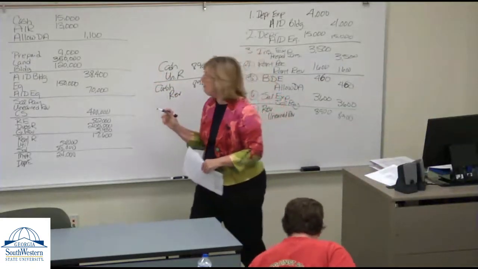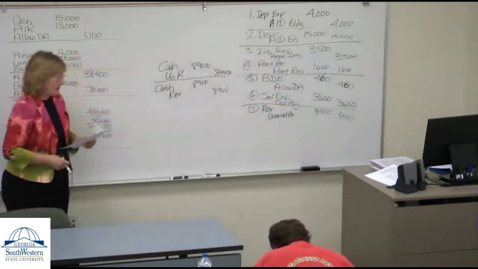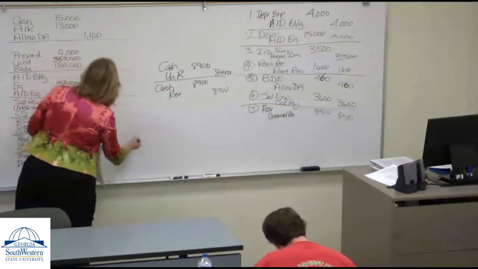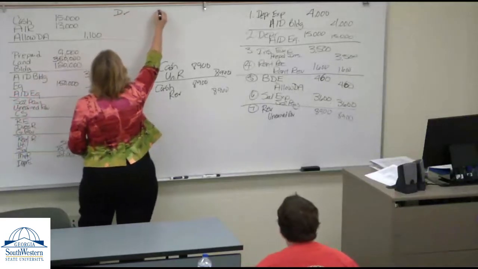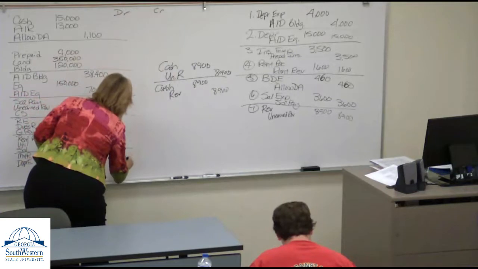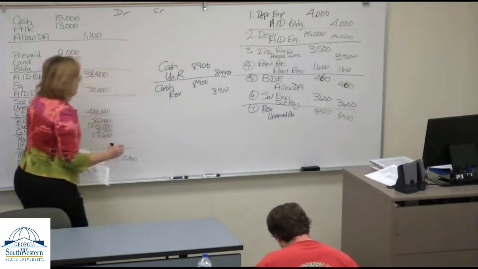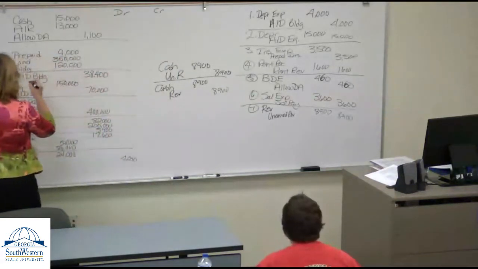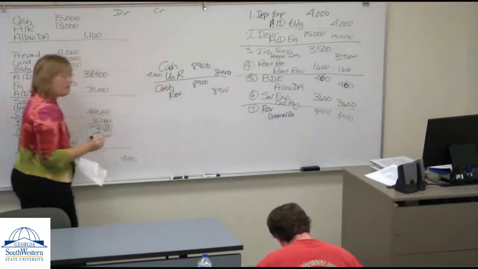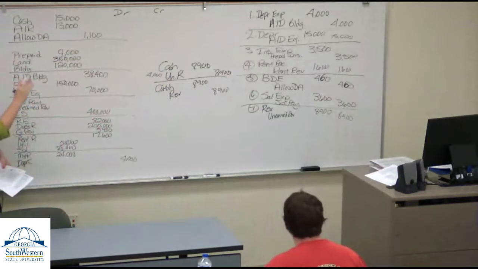I don't think I'm going to do all that on the board. The first one's depreciation expense. We're going to go over here to the debit column, and under depreciation expense, we're going to put 4,000. And then we're going to find the accumulated depreciation building and put 4,000 in the credit over there. Do you see what I mean? Just one by one down the line.